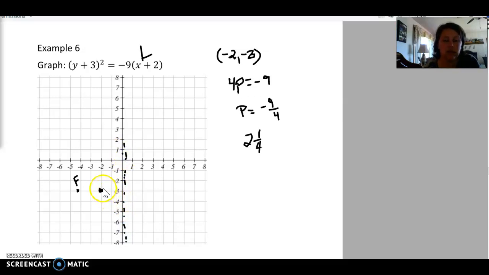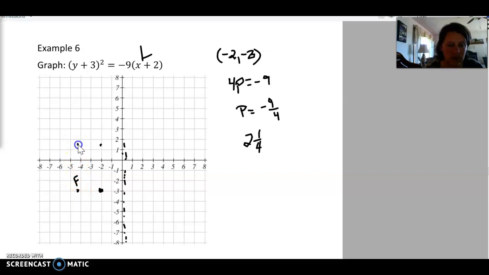Okay, let's also use that focal diameter. So we're going to go a distance of 2p up and 2p down. That would be 9 halves, so 4 1/2. Oh, whoops, that's from the focus. Sorry, that's from the focus.